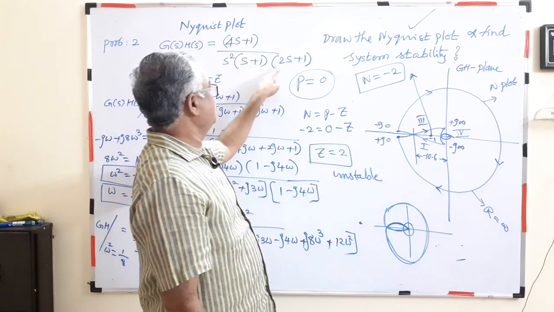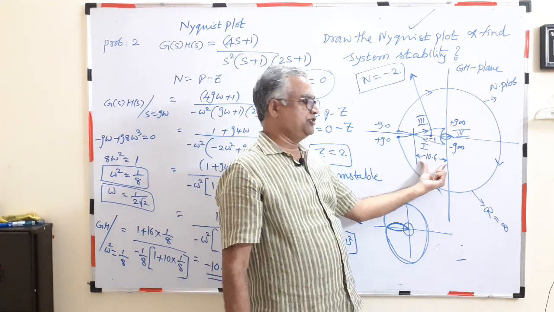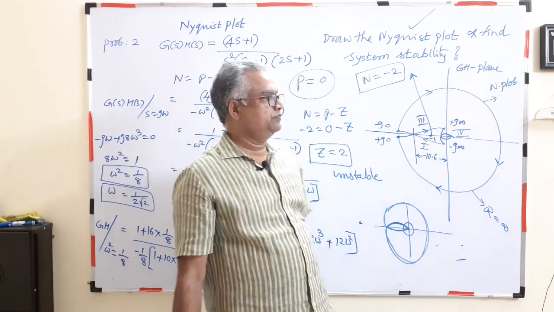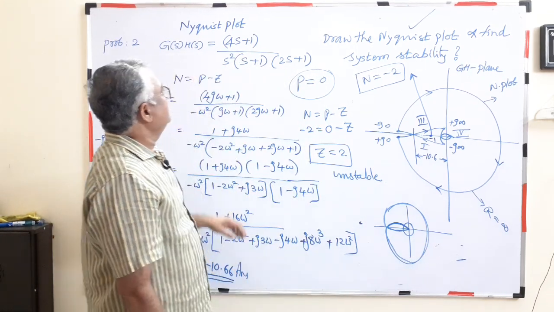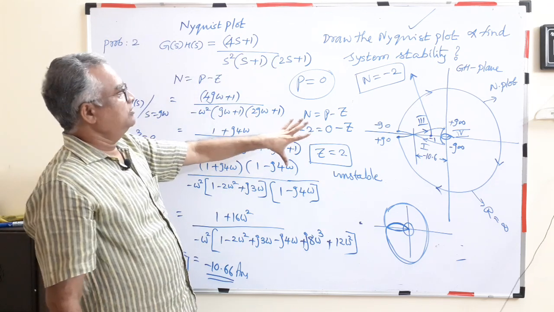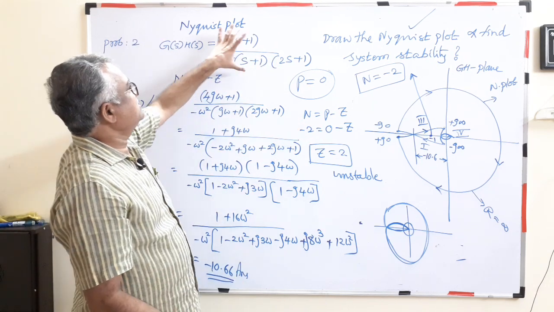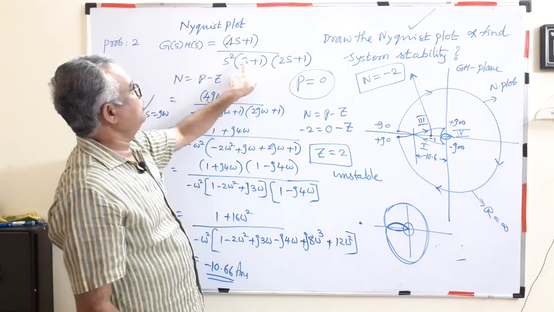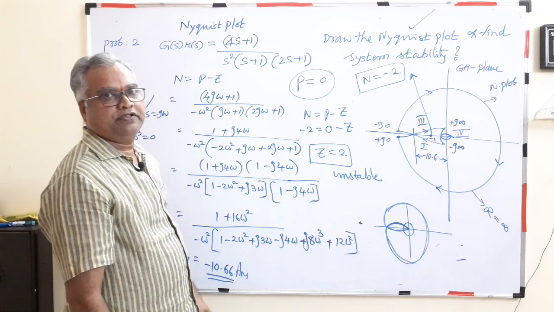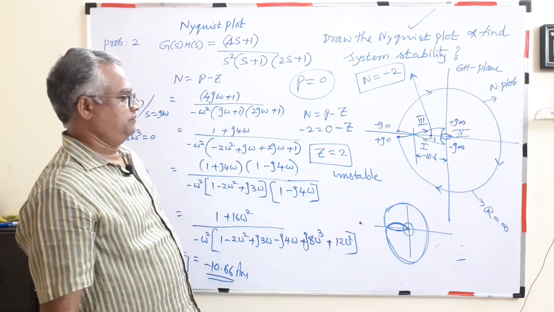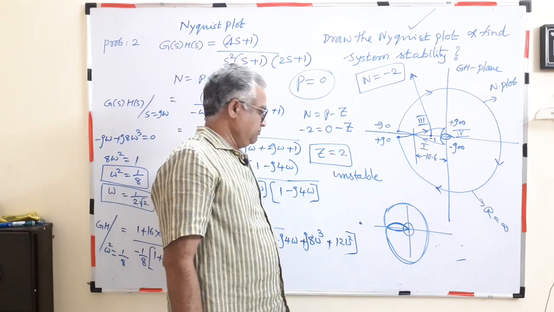Because if you change these numericals, the system may become stable also, we don't know. So with any numericals, it is the same model only. Mostly in the exam, it will not come as it is. Either they change this value or this value or this value, but finally, same model. So like that, be careful.